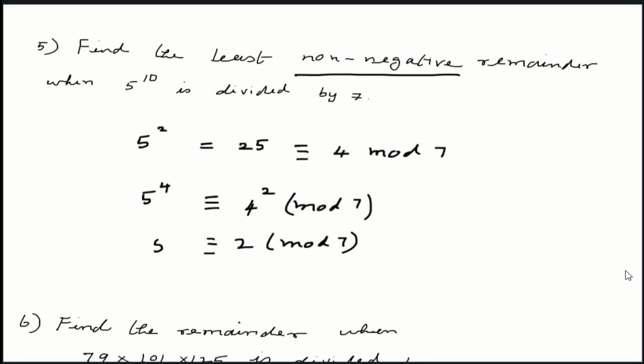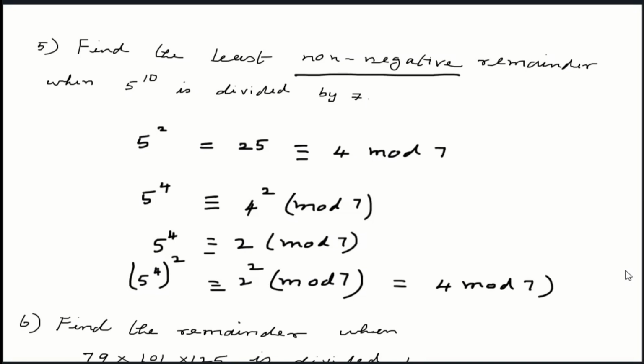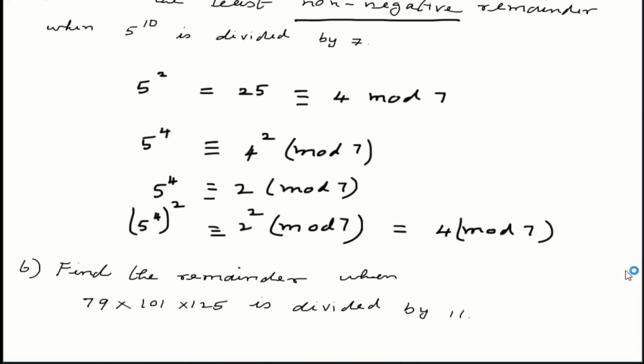So 5 power 4, the whole square, is 2 square mod 7, which is equal to 4 mod 7. Correct. Now this is 5 power 8.